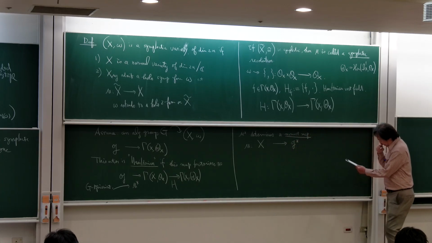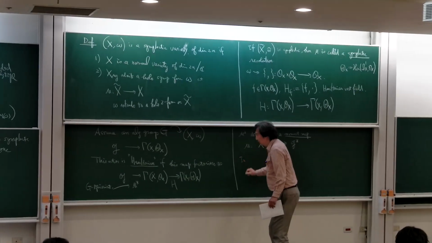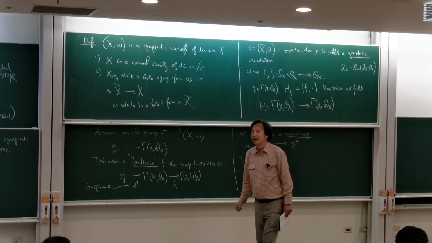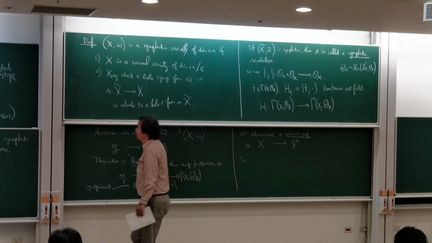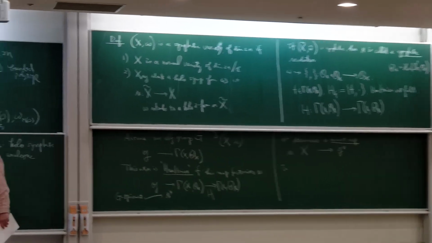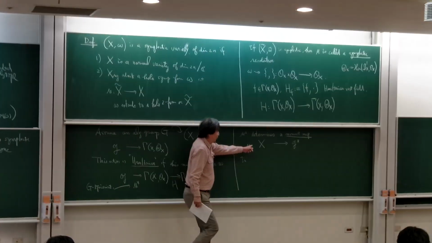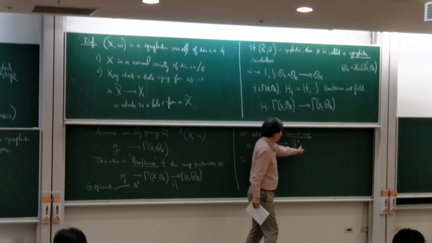So in this talk, not necessary, but you may assume X is affine. If you have this map, then you have a map of algebraic varieties.